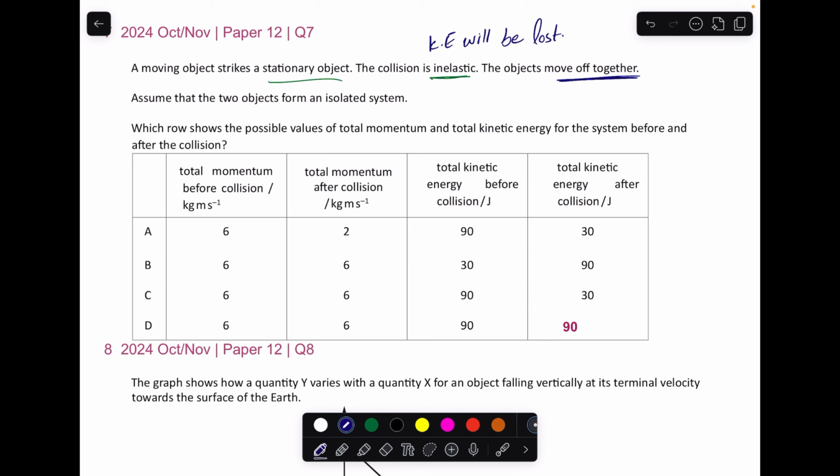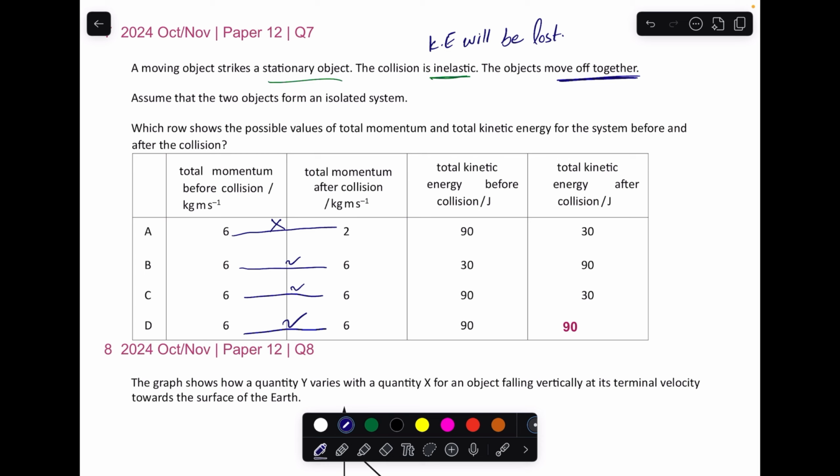Which row shows the possible values of the total momentum and total kinetic energy before and after the collision? Okay, keep in mind momentum will always remain conserved, so they should be equal. These momentums are not equal, so this cannot be the option. Okay, so these are equal, these are equal, these are equal. So we can choose between B, C, D.